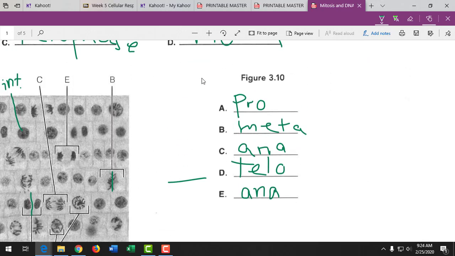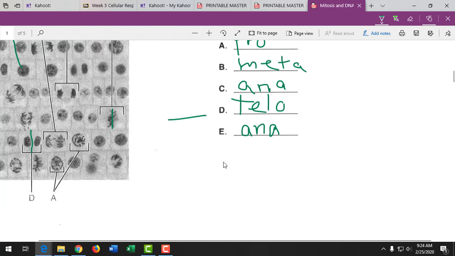Interphase is where cells hang out, and then it enters into mitosis. So the order is IPMAT. If you're taking an anatomy class, I tell my students, I passed my anatomy test. I, interphase, P, prophase, metaphase, anaphase, telophase.